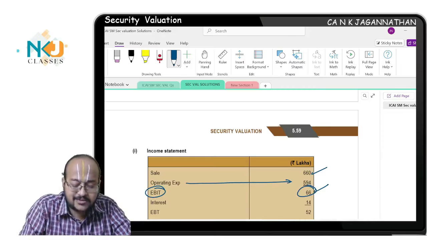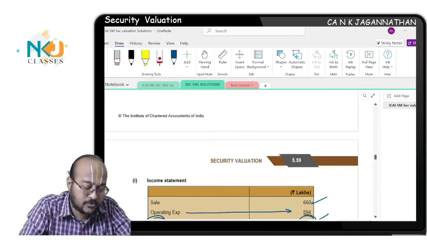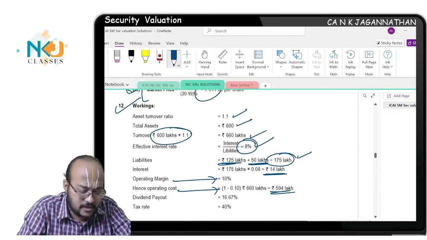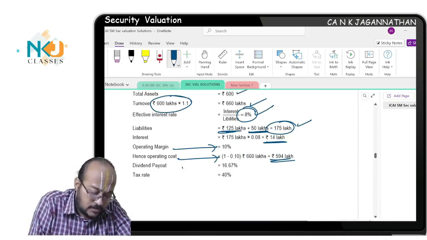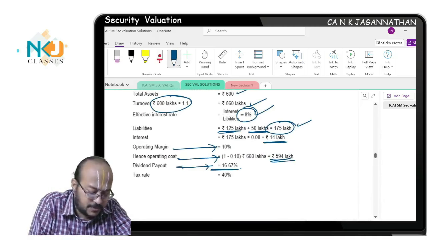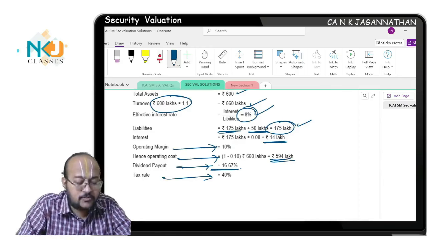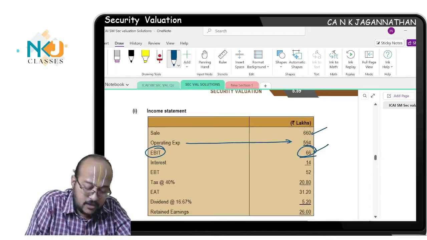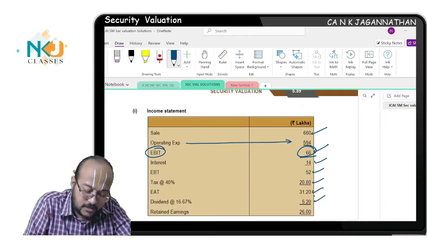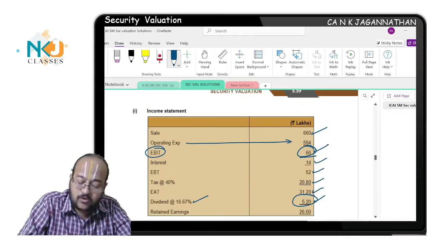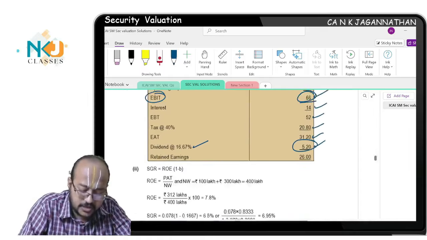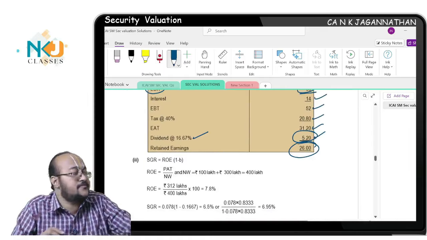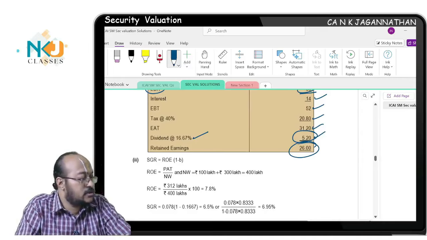EBIT you can say 660 into 10%, you can directly compute it and start the income statement from EBIT, no issues. Then the dividend payout ratio is 16.67%, tax rate is 40%. Now you see that EBIT is given, interest we calculated, tax rate 40%, EAT, dividend at 16.67% on the equity shares, you'll get the retained earnings. This is the income statement, the first part of the solution, simple and straightforward.